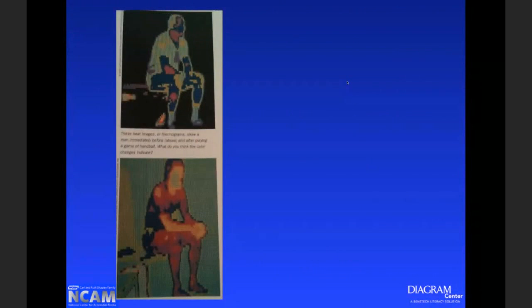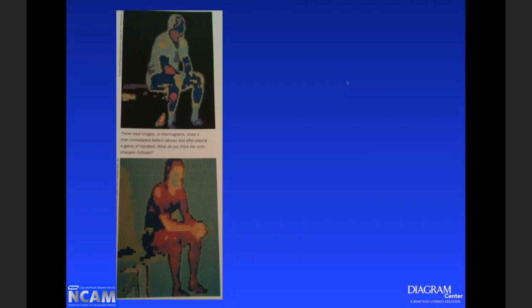And by illustrations, I mean something like this. These are heat images, and I think it says before playing handball and after playing handball. I often use an image like this for people who are just coming on to writing image description, and you get stumped because there's a lot of variation or color gradation in both images of the person before and after.